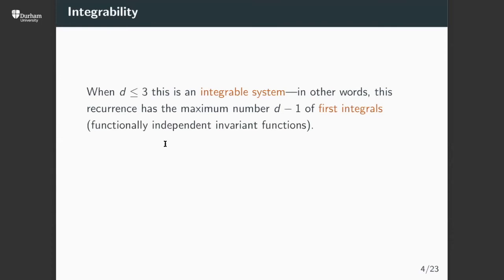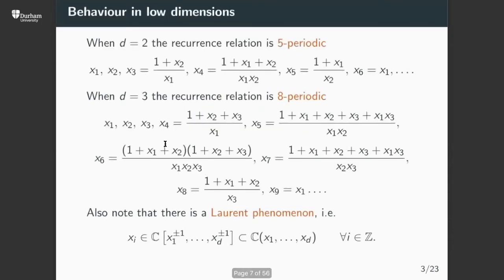Clearly, because these sequences are periodic, 5 periodic and 8 periodic, if I sum all the variables, or if I multiply all the variables and I apply the map to it, then that thing is going to be an invariant for the map, because it just shifts all of the things around by one.